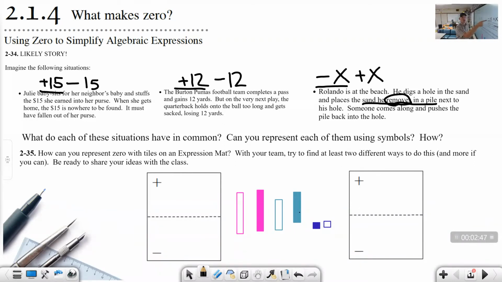Yes, I'm considering a hole. He gained that hole, and then lost his hole. All 3 situations gained something and lost something and ended up at 0.